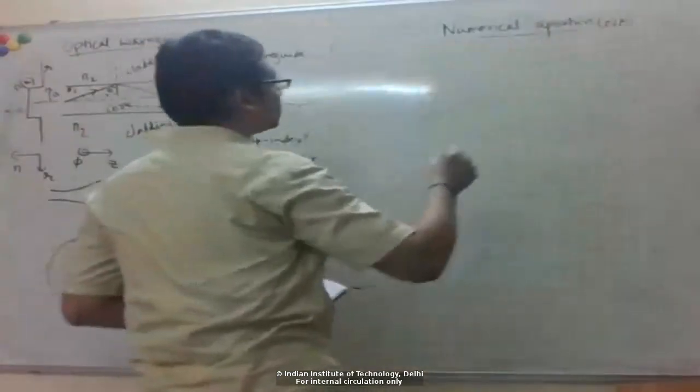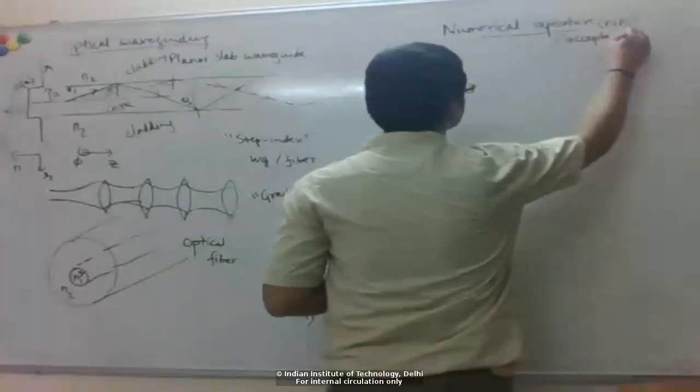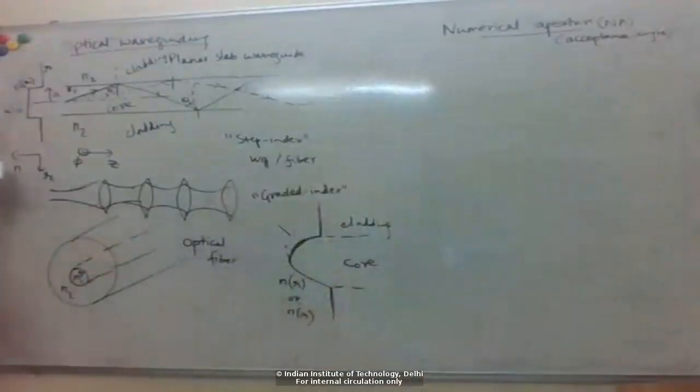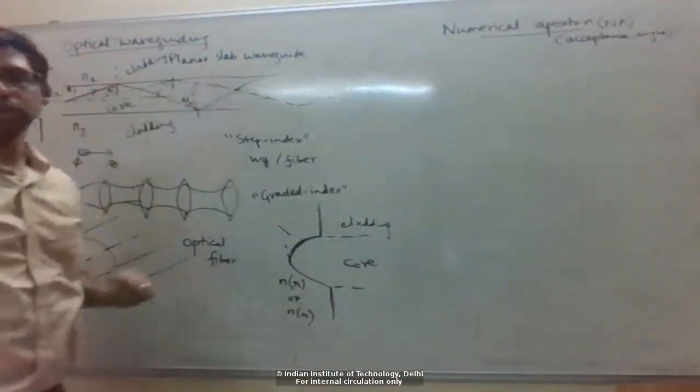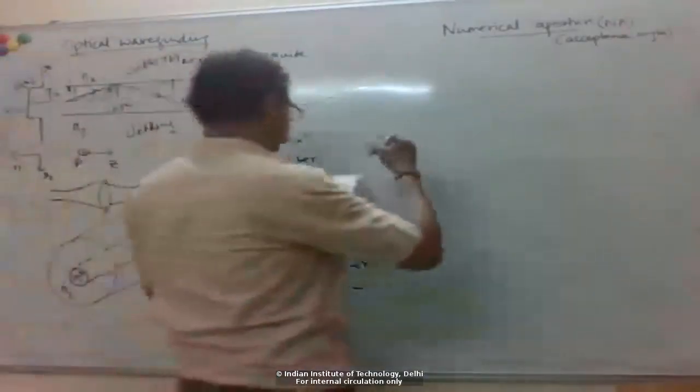So it's basically the acceptance angle of the light incident from outside that gets guided into the structure. As we discussed here, there's a cone of light which gets guided.